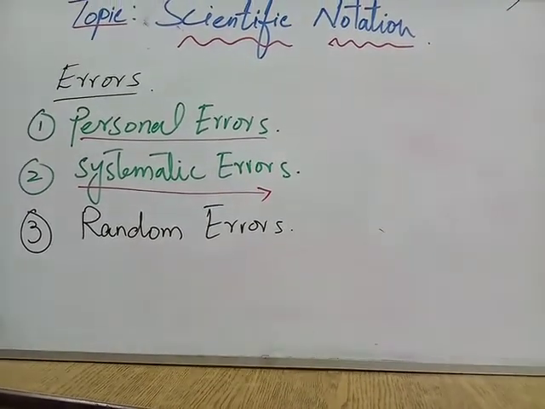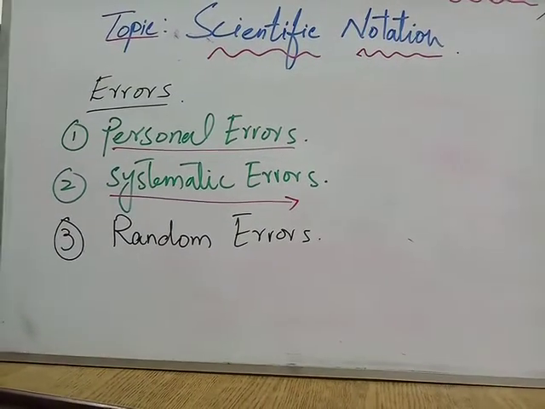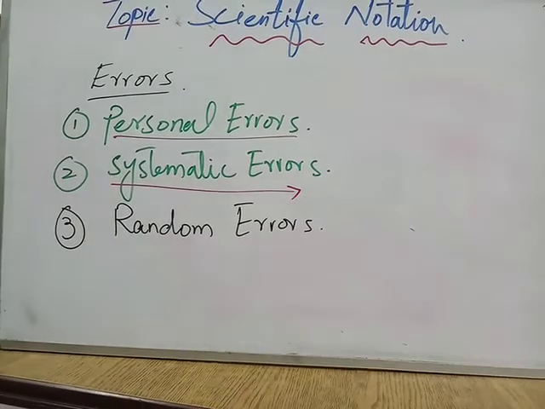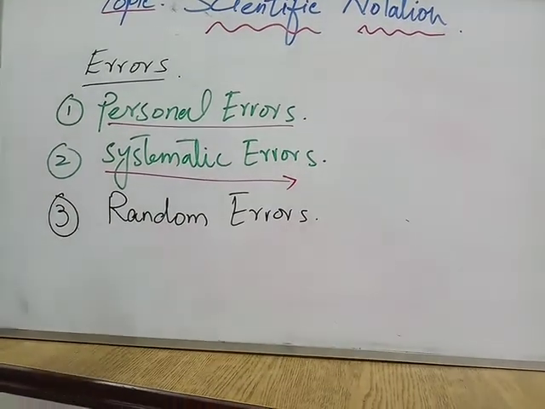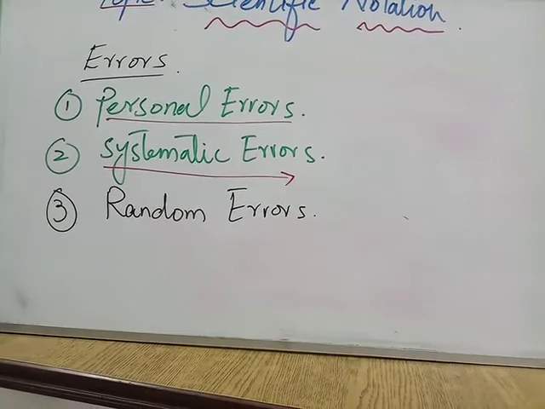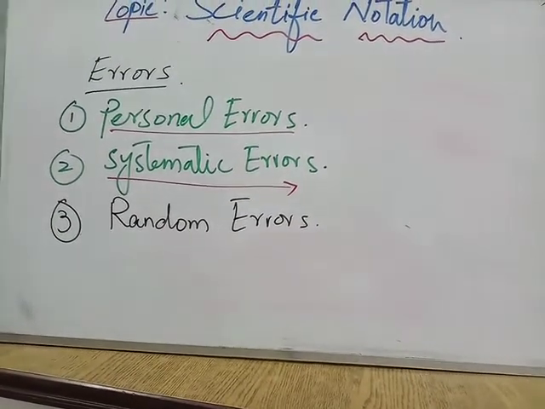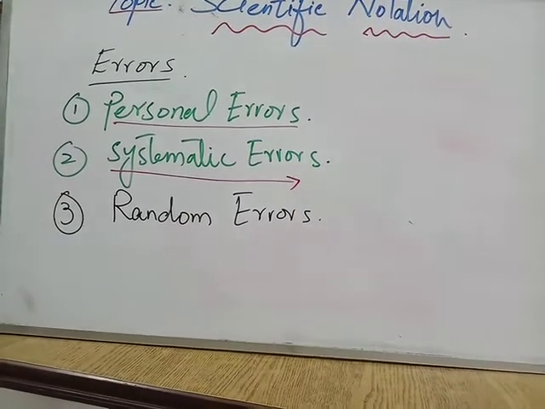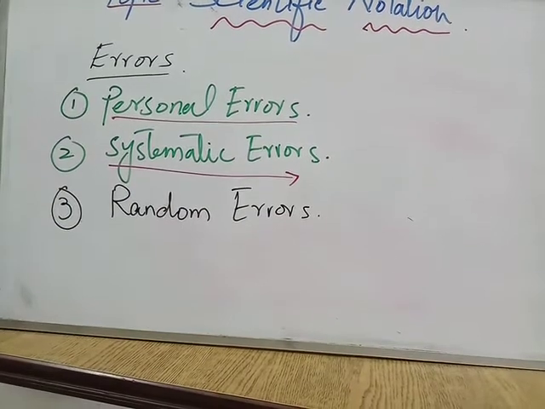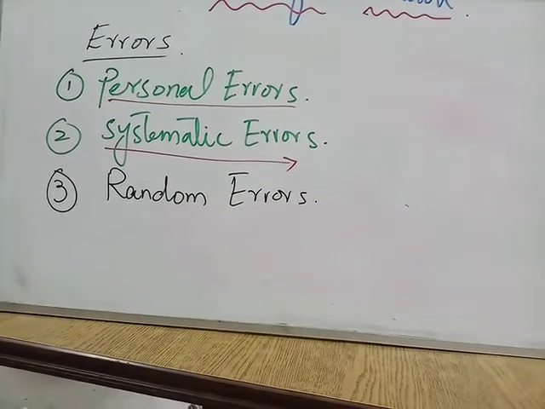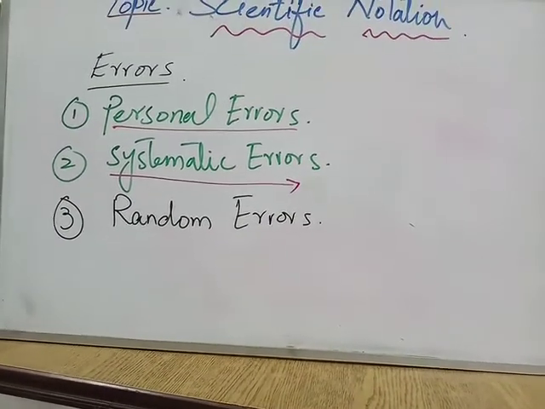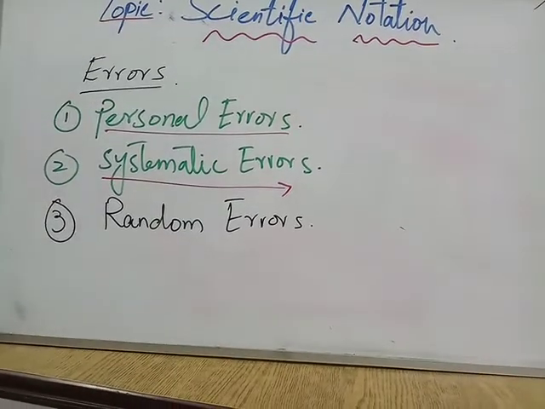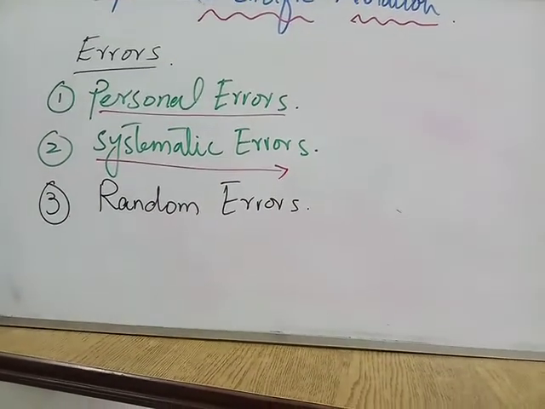So at the end we add or subtract it from the final result. You know about zero positive error and zero negative error. If the error is positive, it will be subtracted from the faulty instrument reading, and if the error is negative, then it will be added to the faulty apparatus reading.